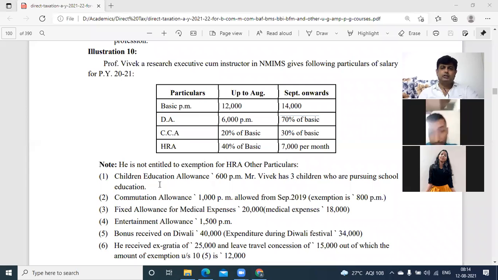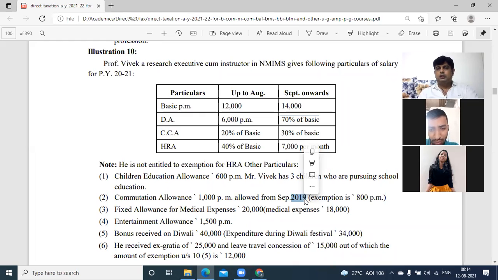Okay. Next, commutation allowance, 1000 rupees per month. Taxable or not? Allowed from September 2020. Sorry, there is again an orthographical error. We will consider September 2020, not 19.